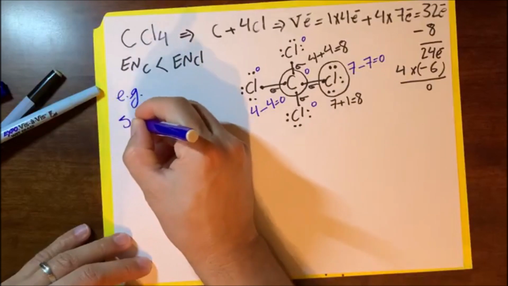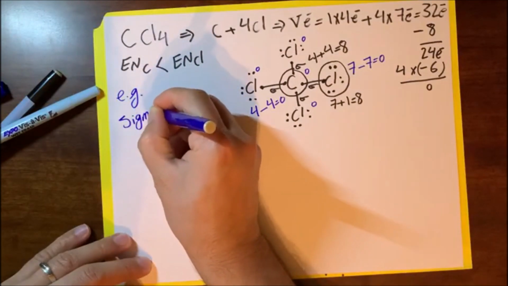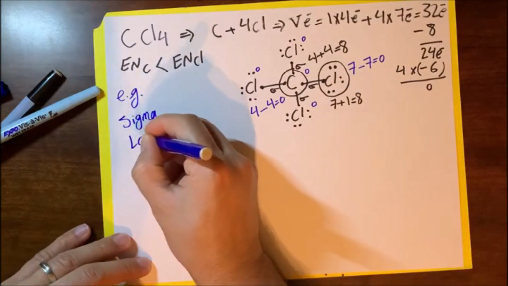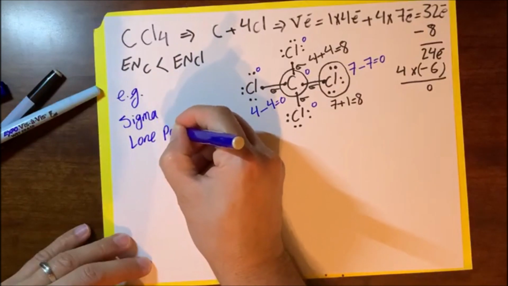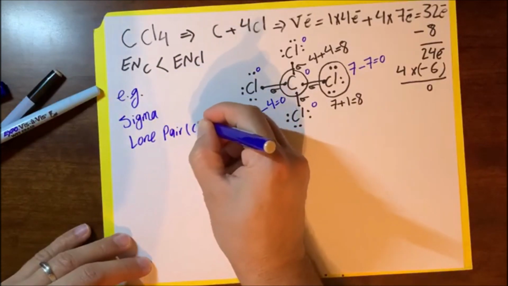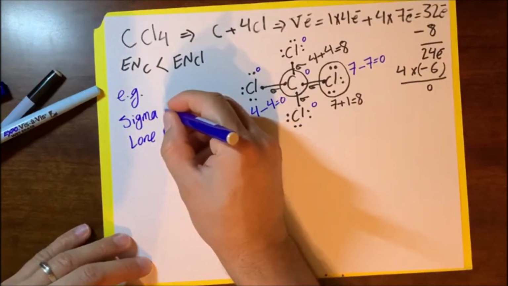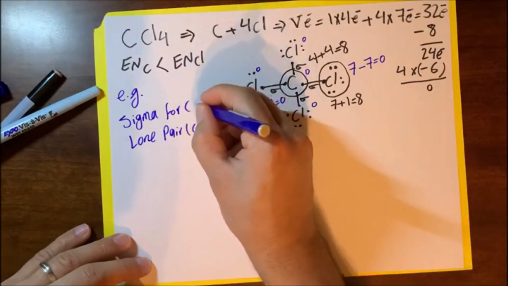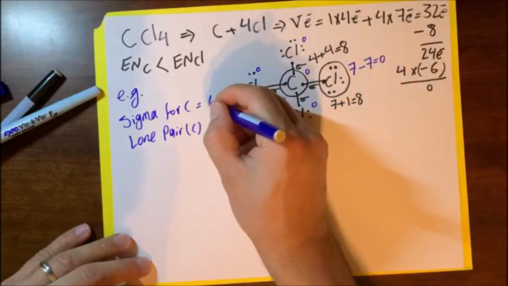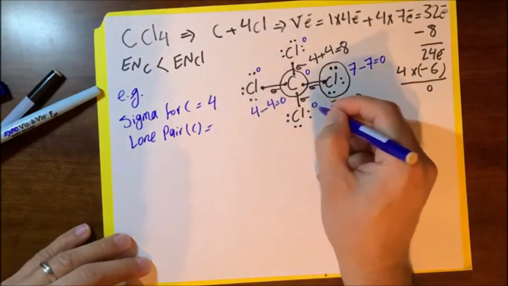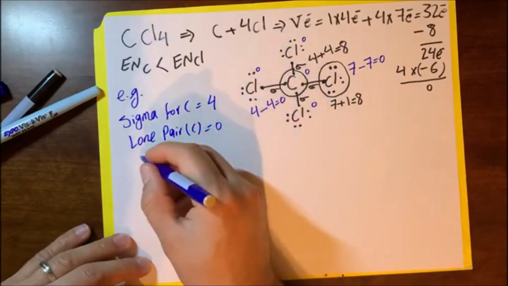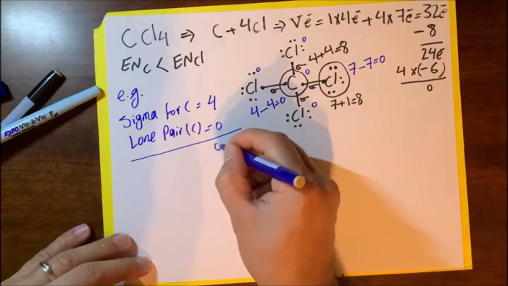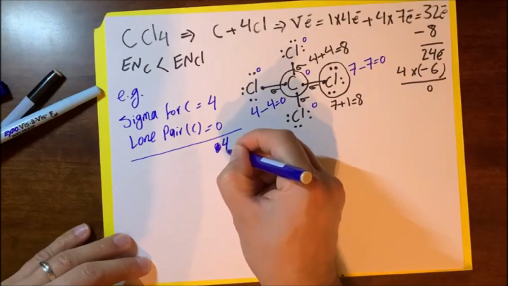So I go with sigma and lone pair on carbon. Carbon has 4 sigma, lone pairs around carbon, 0. Got it. This one is equal to 4.